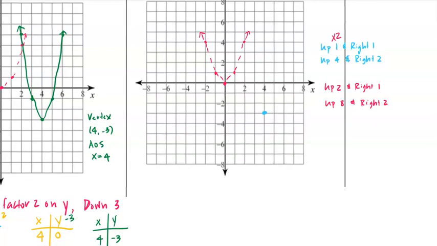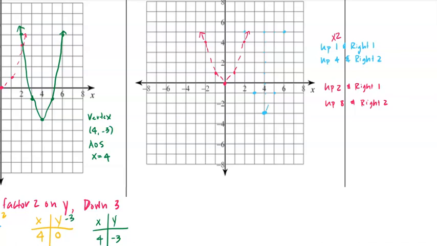So it's up 2 and right 1, or up 2 and left 1, and then up 8 and right 2, up 8 and left 2, right there.